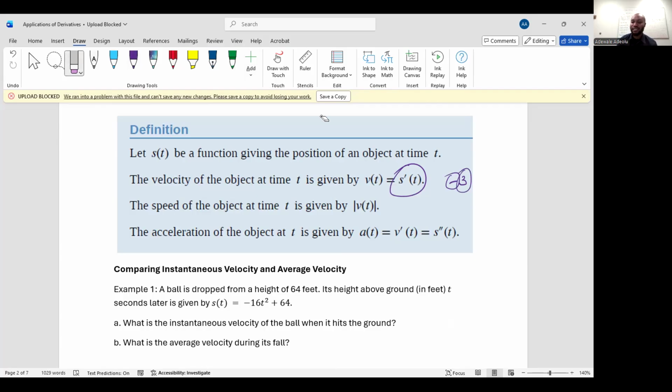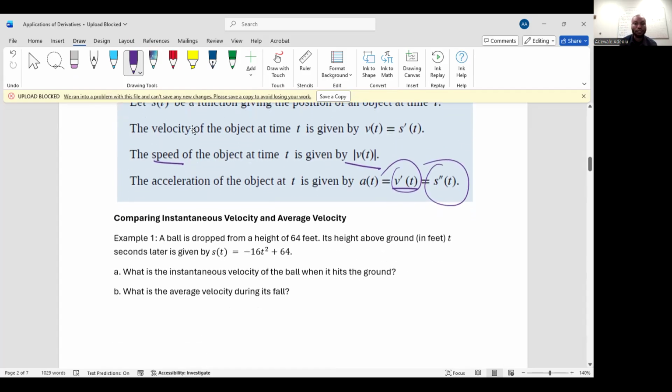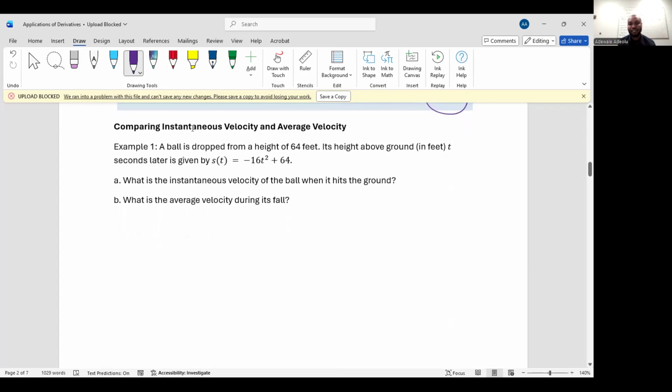The negative is telling the direction. So to talk about the speed, we need to take the absolute value of the velocity. And acceleration is the rate of change of your velocity, like I've explained earlier, so it is the second derivative of your position function. Let us take an example.